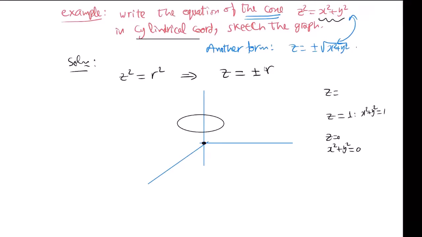If you come to z equals 4, you come to a bigger circle, x squared plus y squared equals 16, and so on. In between, you get bigger circles. So you get this cone. This is the upper branch of the cone.